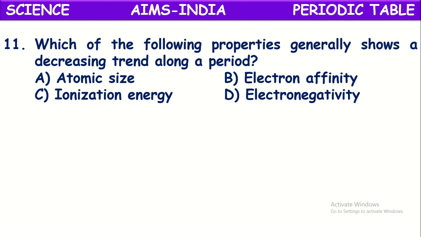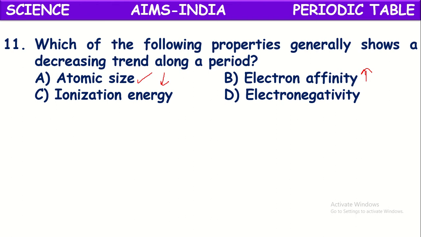Okay, next one. Which of the following properties generally shows a decreasing trend along a period? So what will be decreasing in a period of the modern periodic table? If you observe atomic size, what happens to atomic size in a period? We know in a period from left to right, atomic size decreases. Next, electron affinity. As atomic size decreases, electron affinity increases.